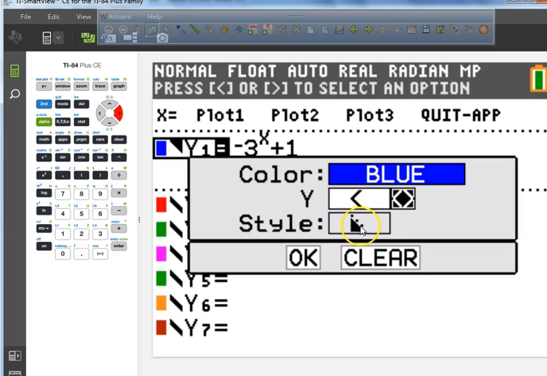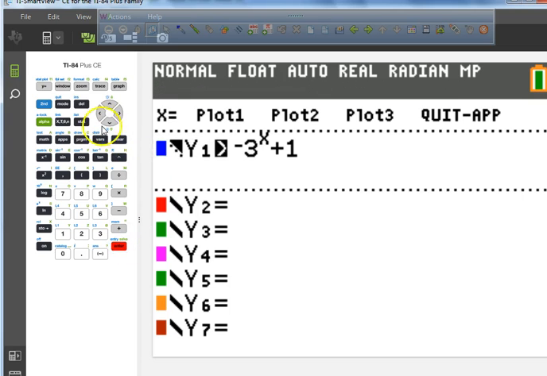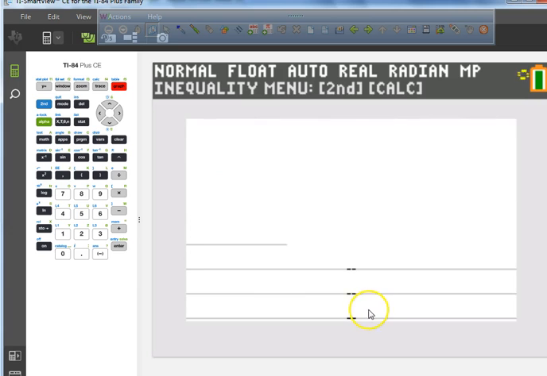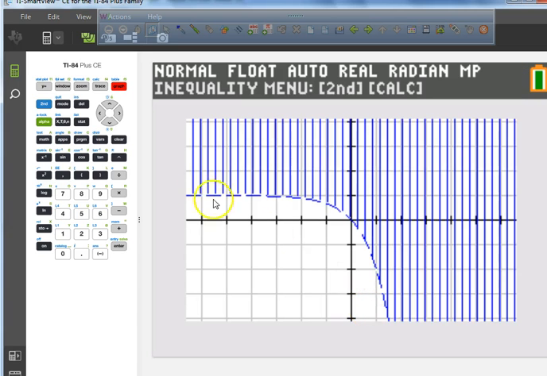See, it has dotted. All right. Change the style here. Go greater than. Right here, y is greater, dotted shade above. Go down here. Click OK. All right. And graph. There we go. So there's the dotted and shaded above.